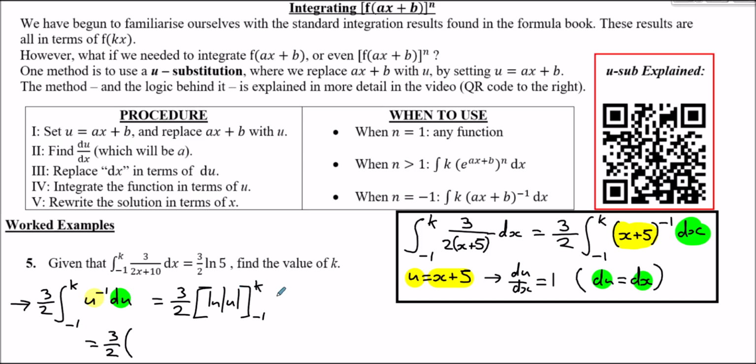Now, of course, u is still needing to be in terms of x. So I'm just going to rewrite this in terms of x again. So u, of course, was x plus 5, in between k and -1.